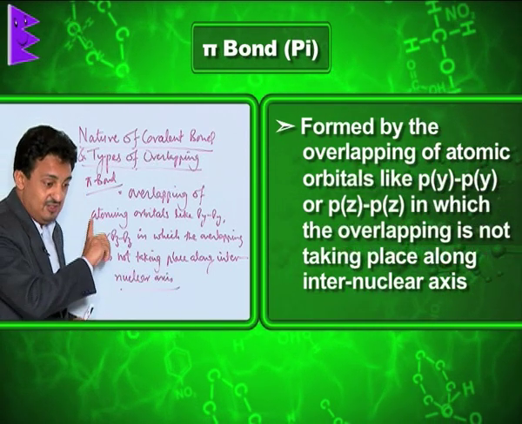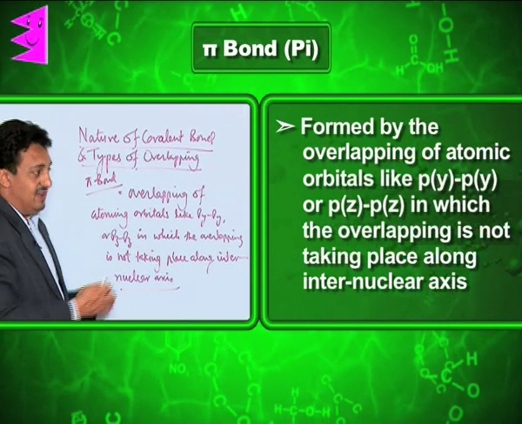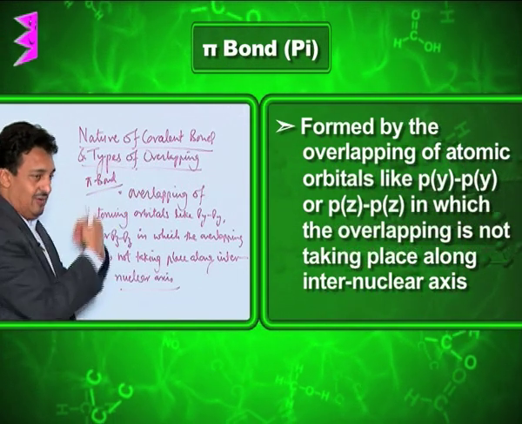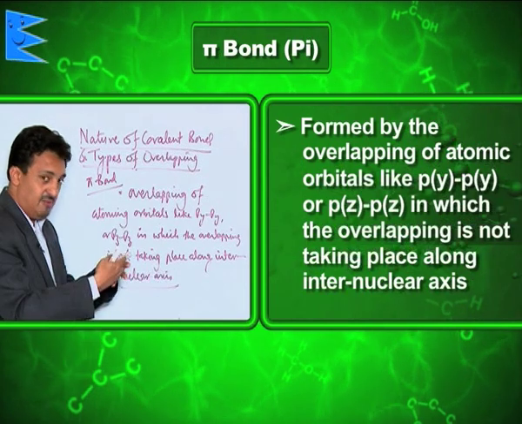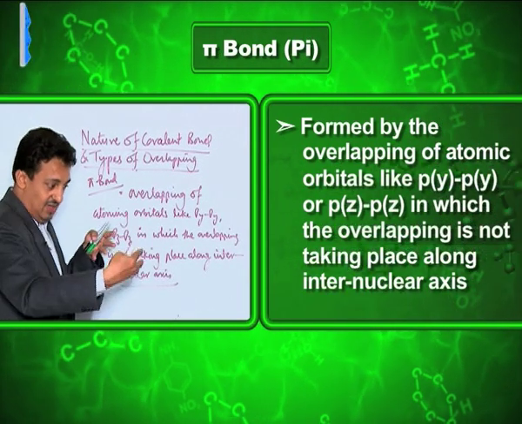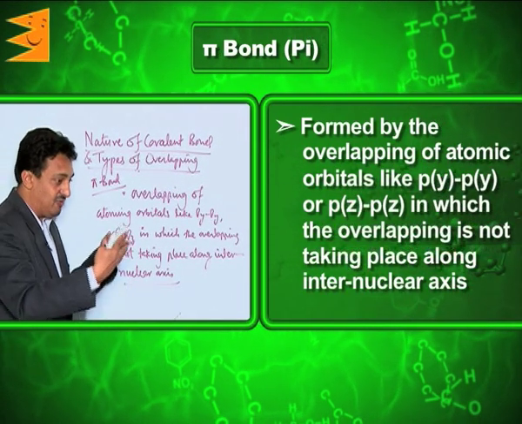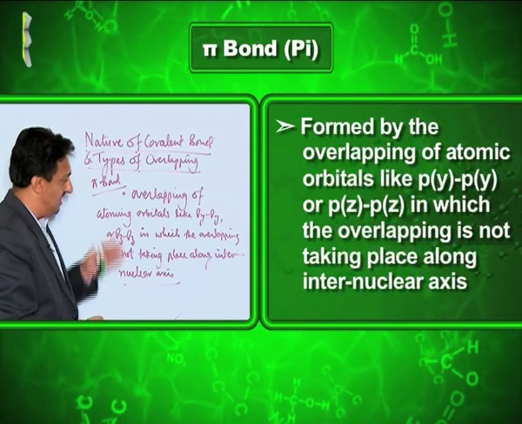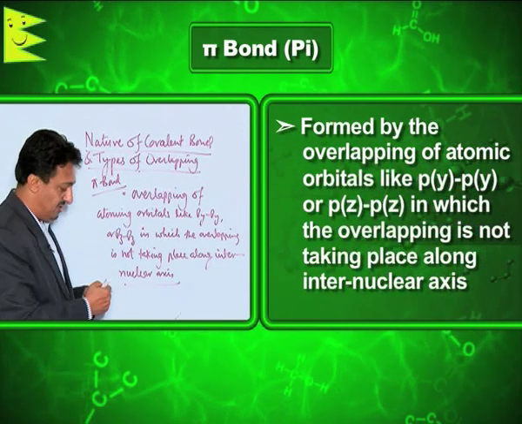The overlapping does not take place along the internuclear axis. It's a sideway or lateral overlapping, whereas in the case of the sigma bond, it was head-on overlapping along the internuclear axis. That's why the extent of overlapping was very high. In this case, it's a lateral overlapping.